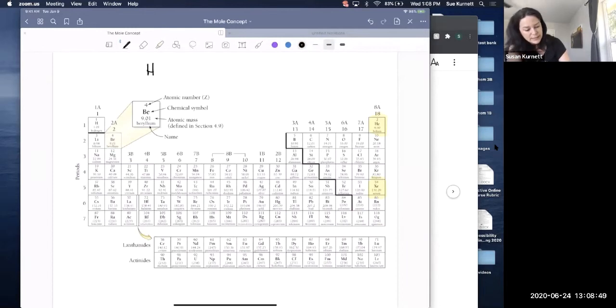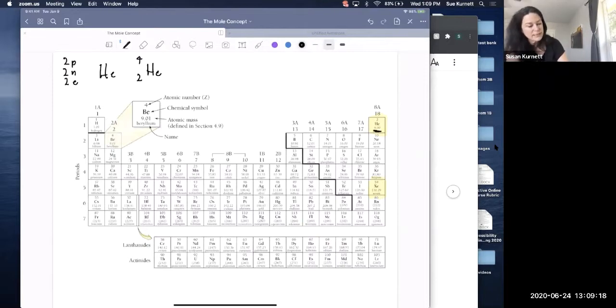A typical helium might be helium-4. So here I'm picking one isotope of helium. Helium-4 would have 2 protons, 2 neutrons, and 2 electrons. And neutrons and protons have a mass of about 1 AMU, and electrons have a mass that's much less than that, but it adds up to 4.003.